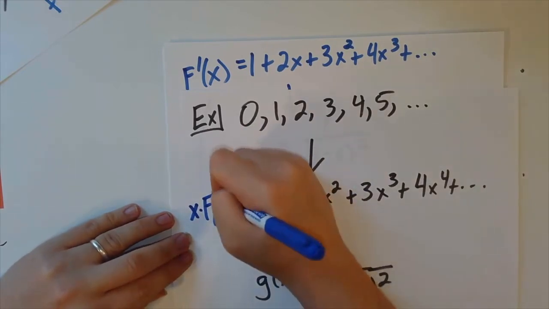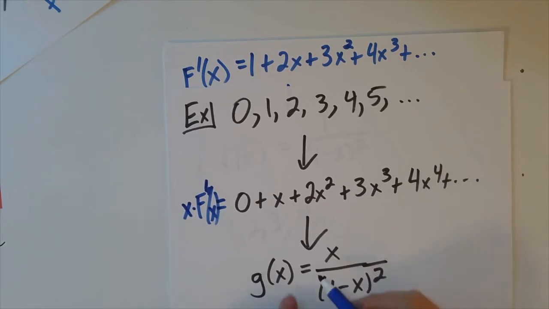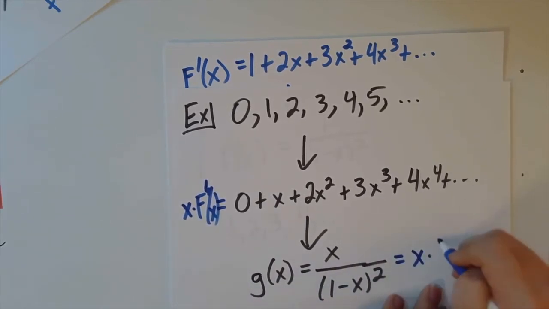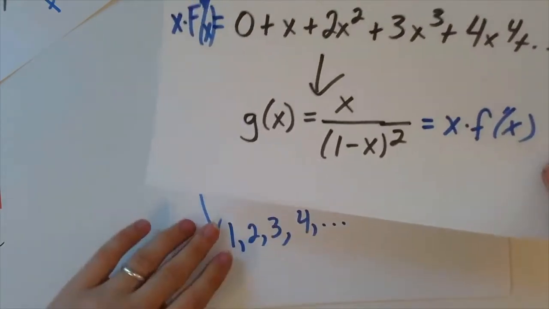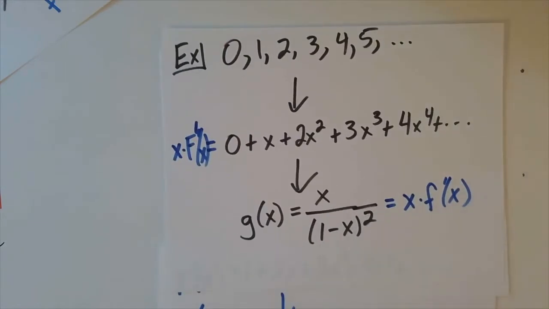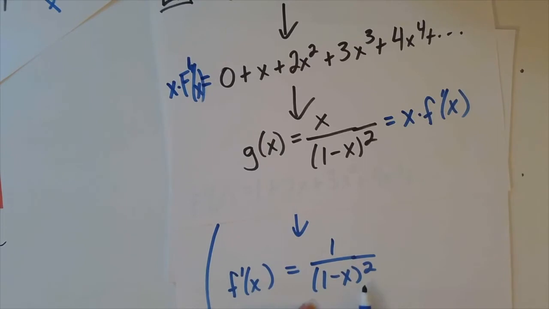Sorry, there's a prime there that did not show up super well. And so that means this g of x that I'm looking for has got to be x times little f prime of x. But little f prime of x was 1 over (1 minus x) squared.